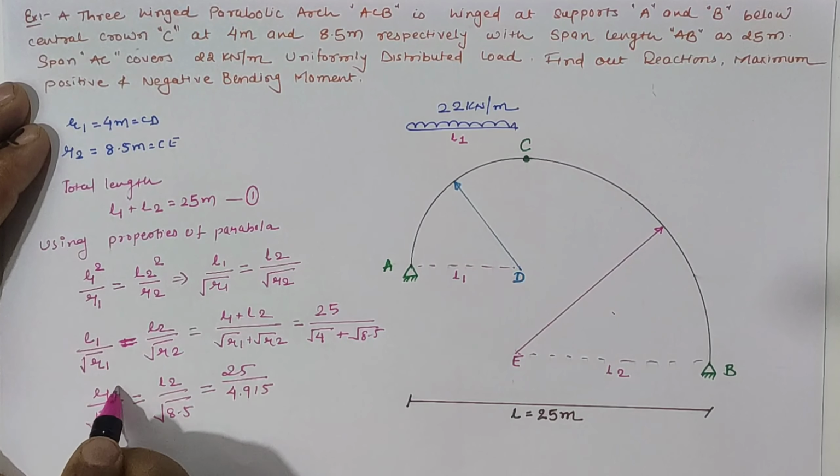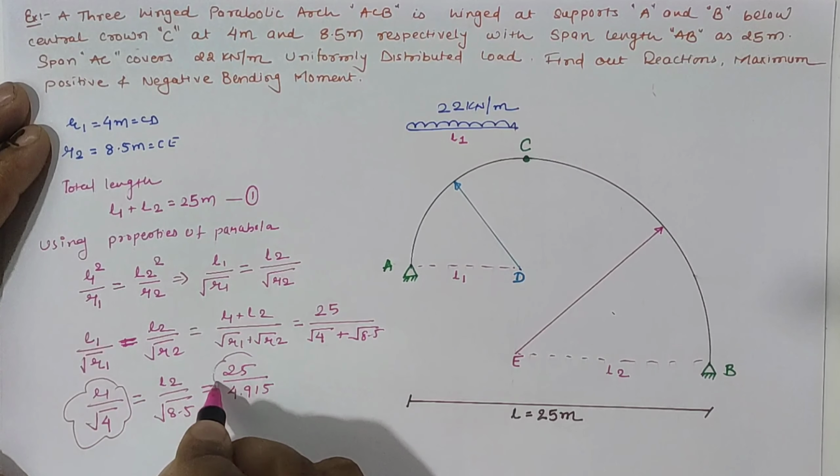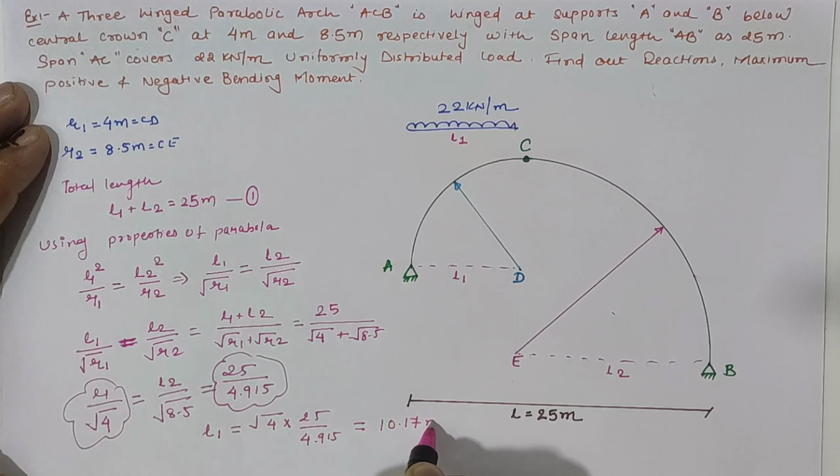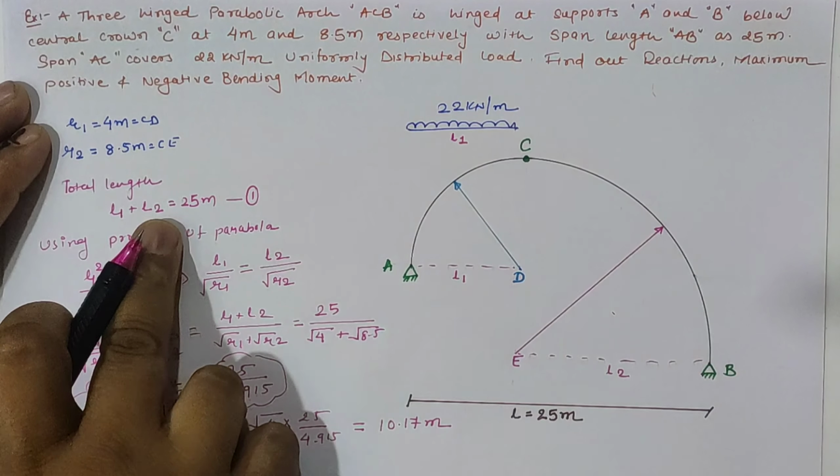4.915. So if we take the first ratio with respect to 25 by 4.915, we have L1 equal to root 4 into 25 by 4.915. Hence our length L1 is equal to 10.17 meters, and L1 plus L2 is 25.